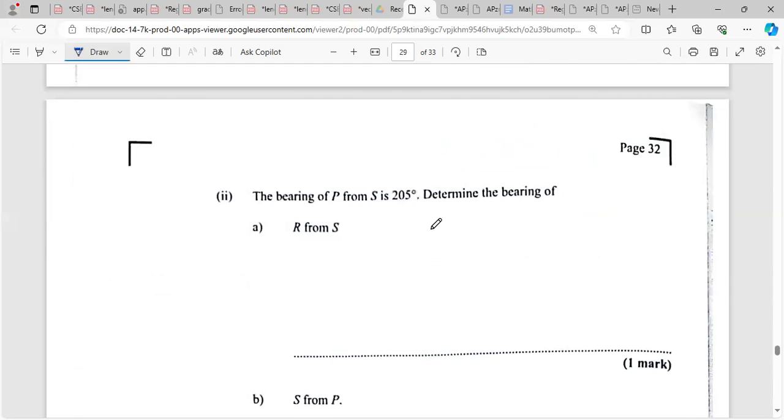It said the bearing of S from P is 205. Determine the bearing of R from S. So everything is on 205.